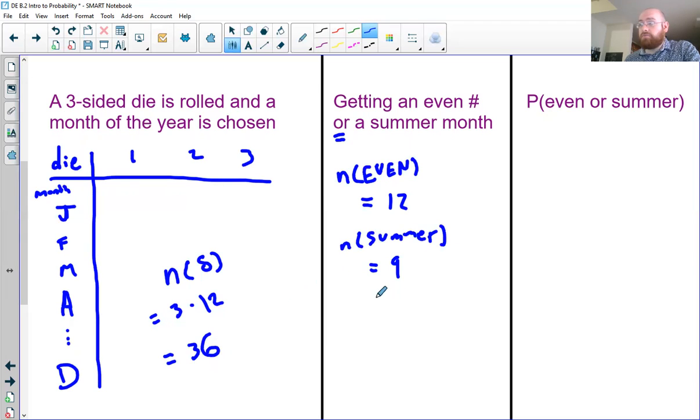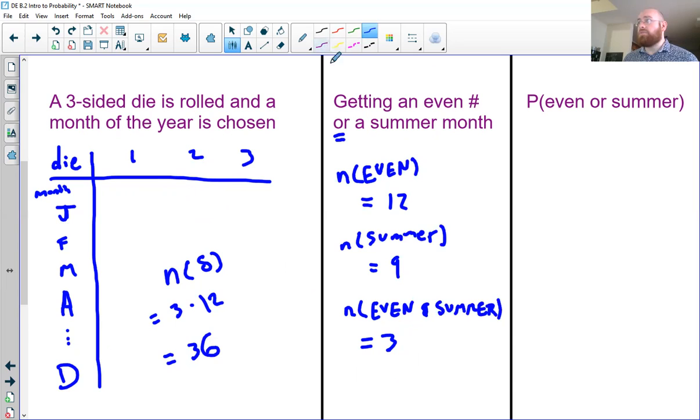In particular, we have to subtract the number of even and summer. In particular, there's 3 of these. I guess that would be August. Or is it June? June begins summer. So June, July, and August are the 3 summer months. And so the combination of June and 2, July and 2, August and 2 are being double counted. So we have to remove these.